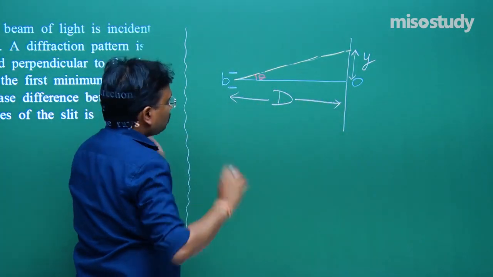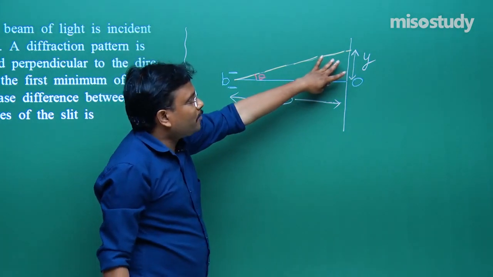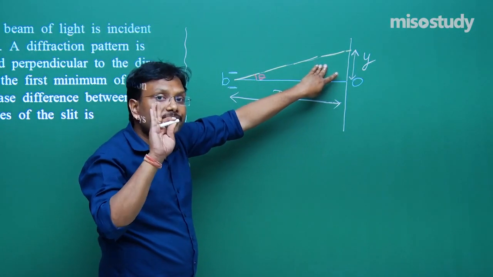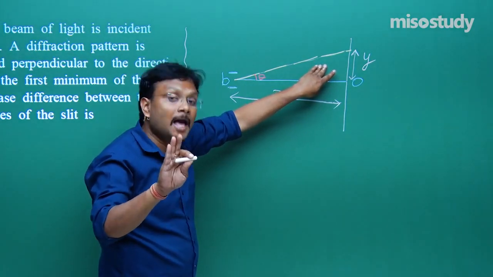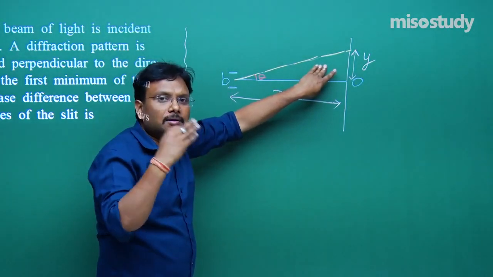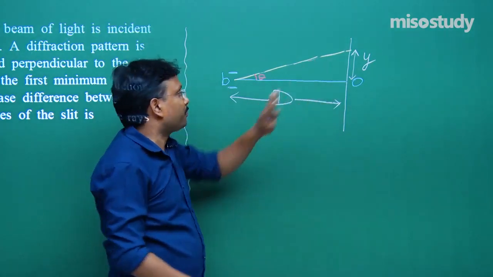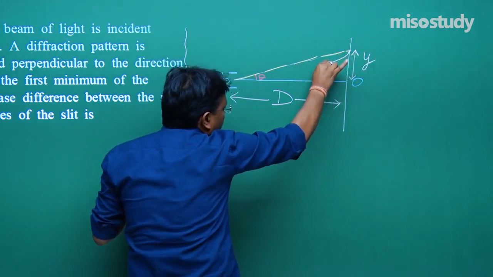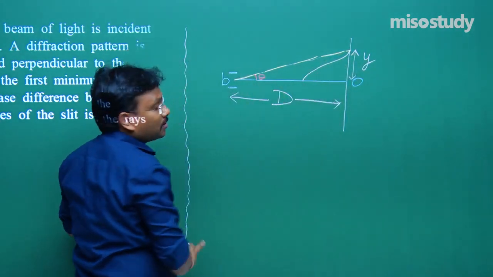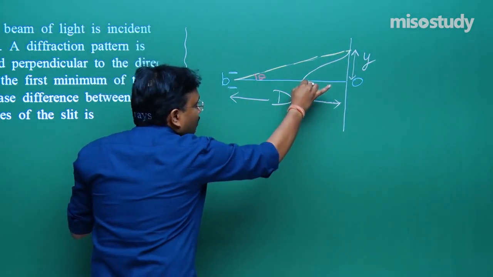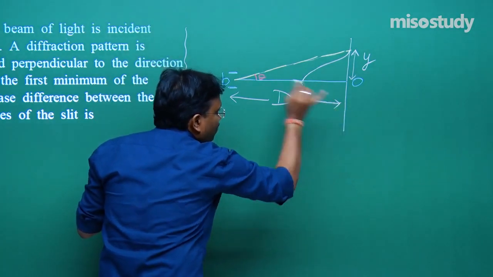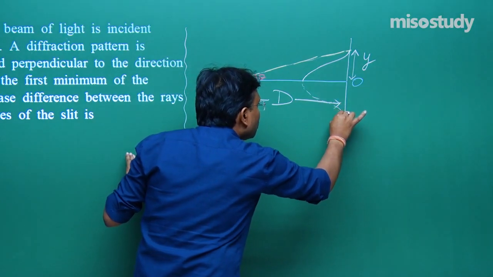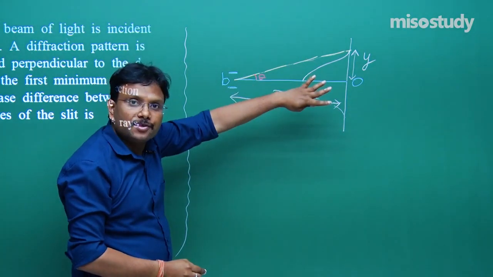Now how will you get the pattern? In a diffraction pattern, there is one central maxima and on both sides decreasing minima. So the situation of this maxima is like this, this is half. The same thing will happen at this point, just a mirror image of this, fine.